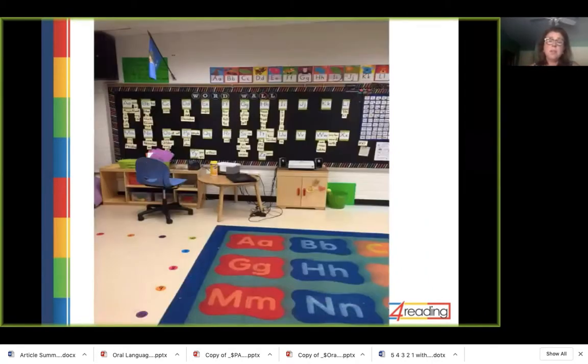I also find this is the most common way that we organize our word walls in our classrooms, the A through Z, and that makes sense. And you see on this word wall the standard alphabet posted above it, alphabetical order, and everything's organized in that way.